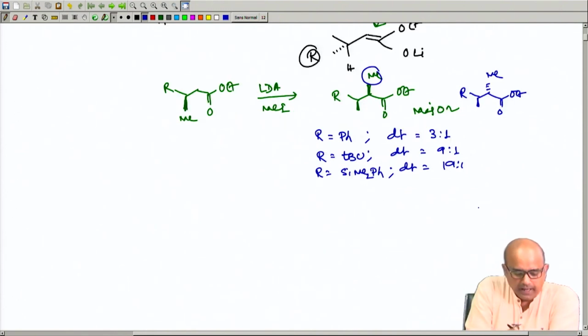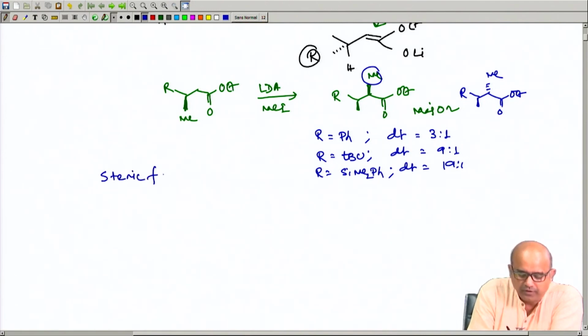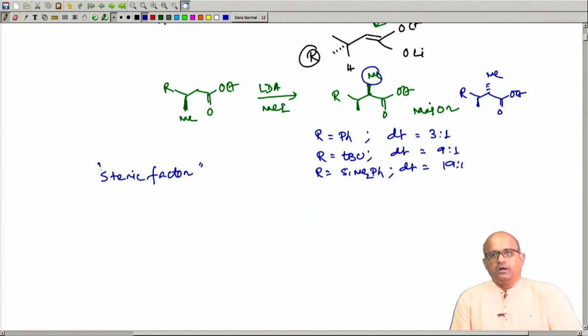stereo control, and this stereo control can be explained by a steric factor. It is a purely steric factor in the alkylation mode. So, one of the faces of the enolate is more accessible, one of the faces is less accessible, and that is quite evident from different factors.